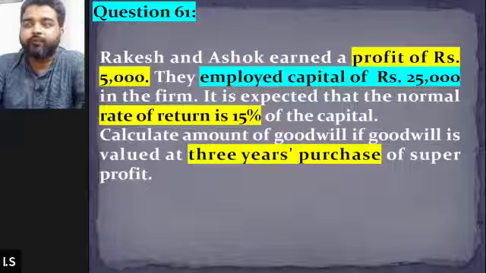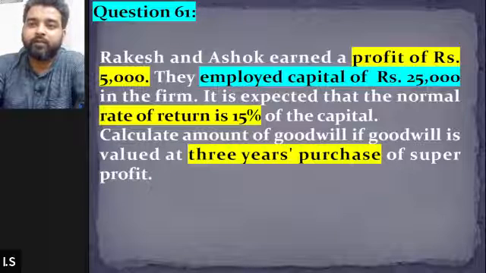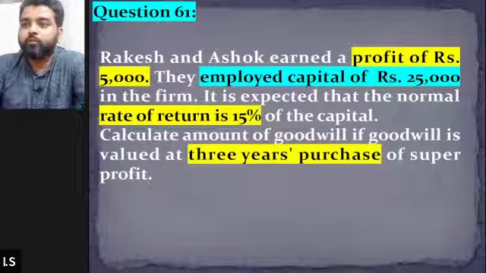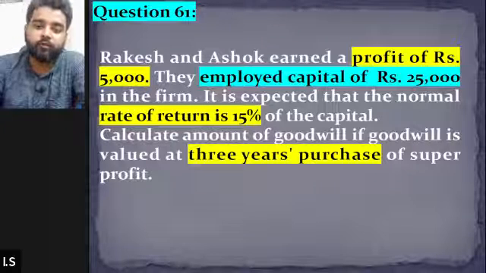Capital employed is 25,000 in the firm, and the normal rate of return in the market is 15%. So this is our ROR, rate of return, or the return on investment, you can also call that. We need to find out the goodwill based on the 3-year purchase of the super profit.